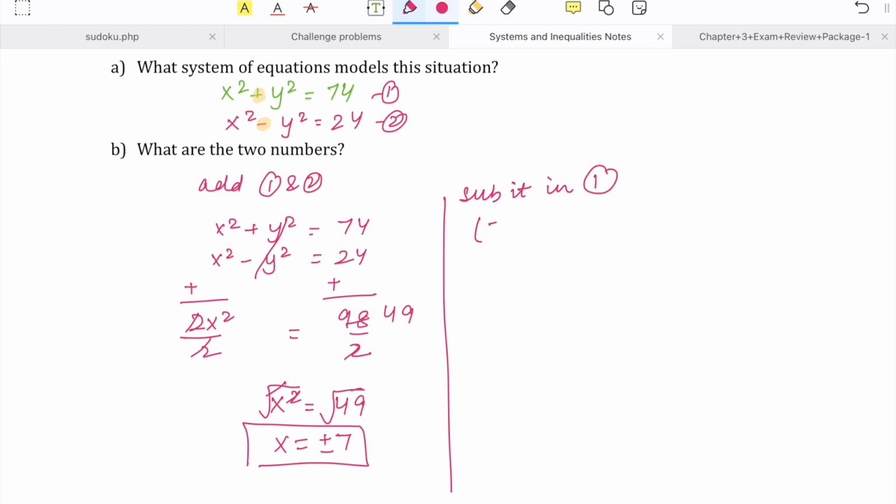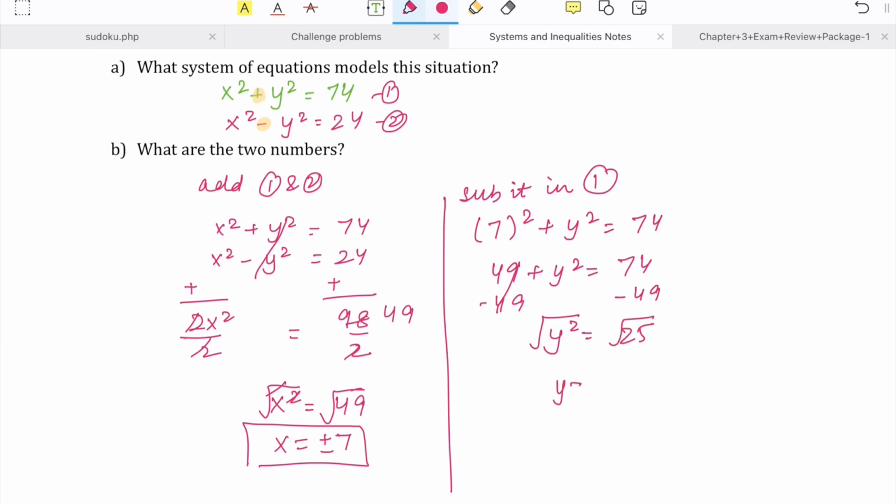So 7 squared plus y squared is equal to 74. 49 plus y squared is equal to 74. Subtract 49 on both sides. 74 minus 49 is 25. Yeah. Square root both sides. You get y is equal to plus minus 5.